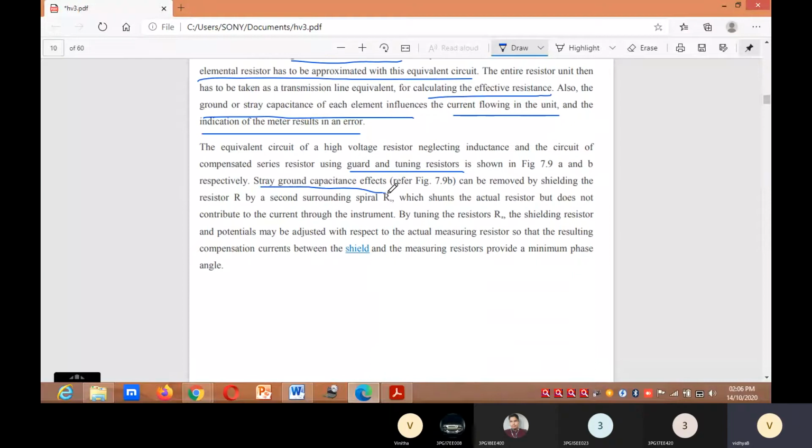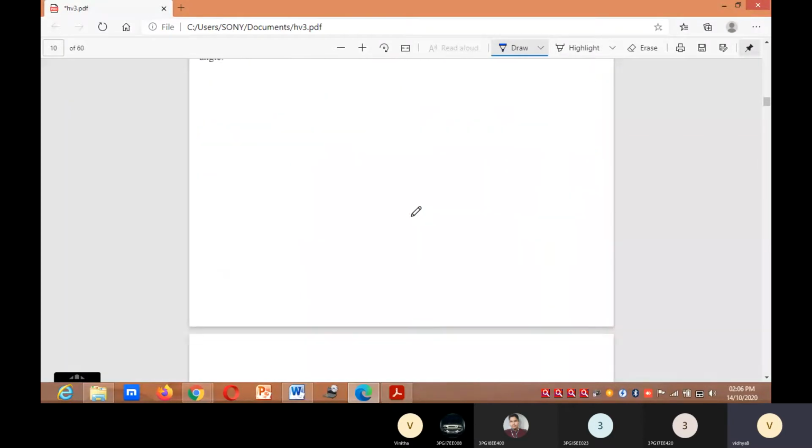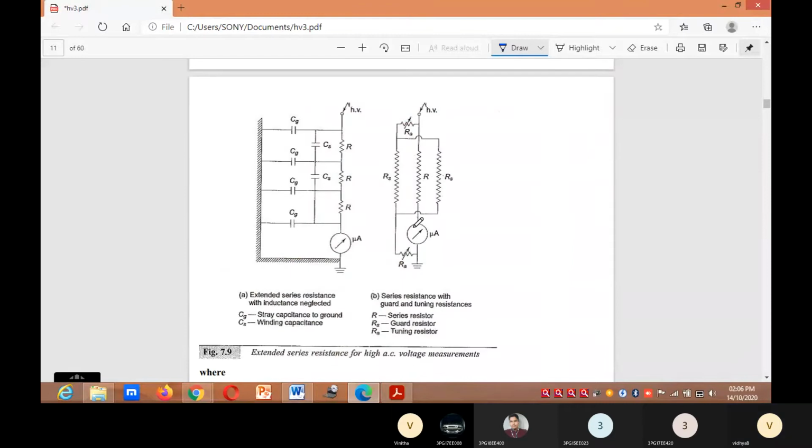The stray ground capacitance effect can be removed by shielding the resistor R by a second surrounding spiral resistor. You can see the diagram here.